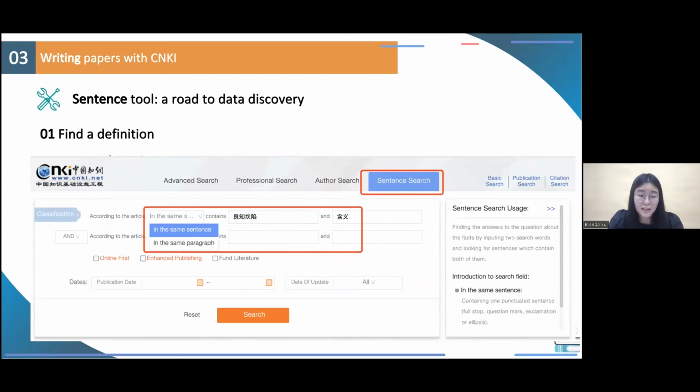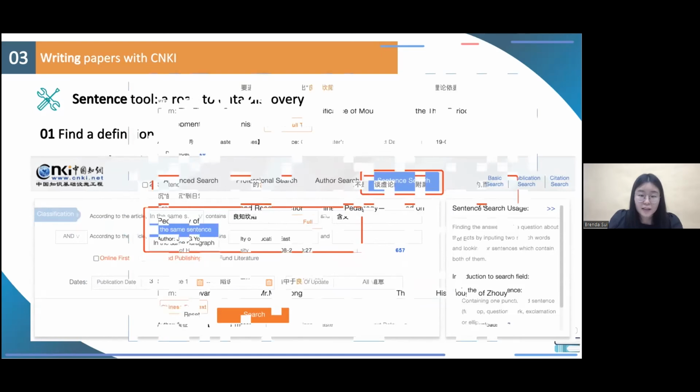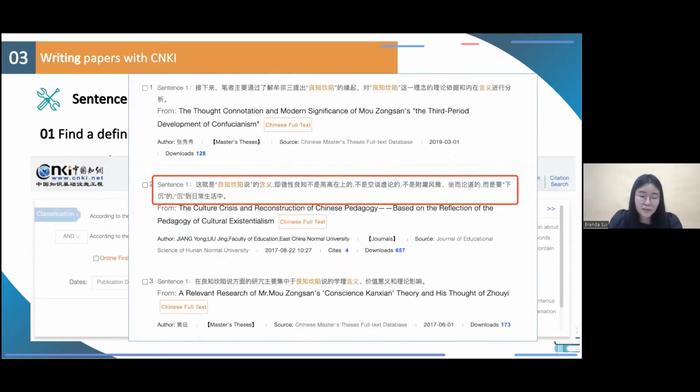Because I expect the two terms, namely 两支坎线 and 含义, to be highly likely to appear in one single sentence, I choose to search within the same sentence. And click. In the results, I can see directly what 两支坎线 means, and we can thus pick the one that suits the most.